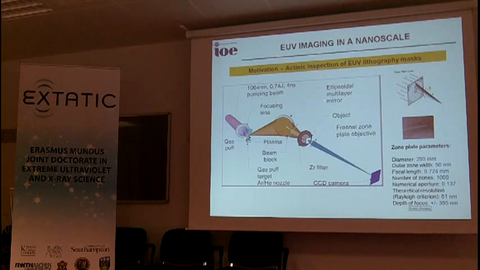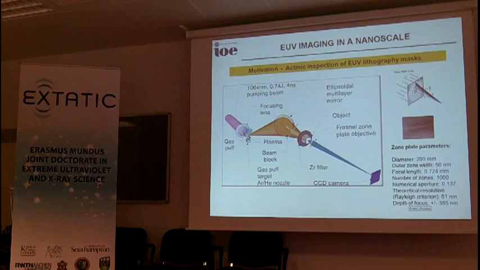This is an ellipsoidal collector. We are using such a multilayer ellipsoidal mirror to collect and also to select radiation in band. Because as an objective, we are using a Fresnel plate, and from the lecture of David, you know that a Fresnel plate requires monochromaticity.